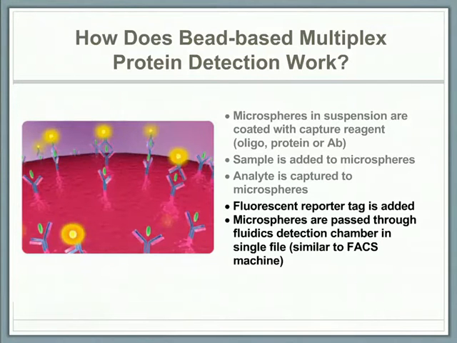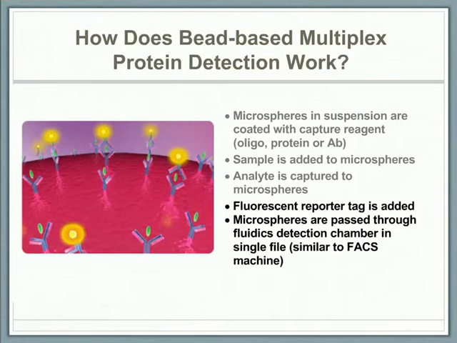So this is a standard sandwich assay format, and that antibody is tagged with a fluorescent reporter tag. And then the mix of the microspheres are passed through a fluidics detection chamber in single file, similar to fluorescence-activated cell sorting, FACS. And the FACS machine detects two colors.